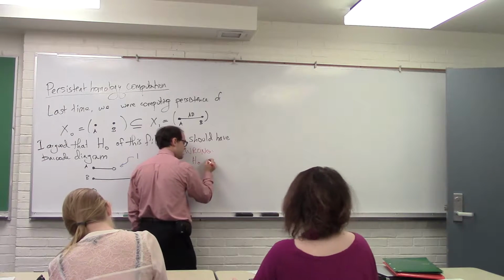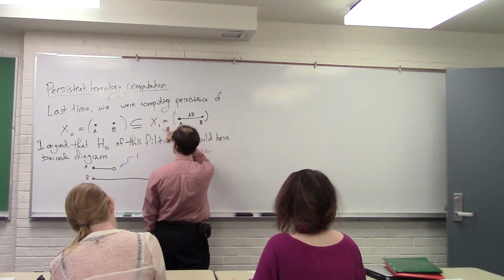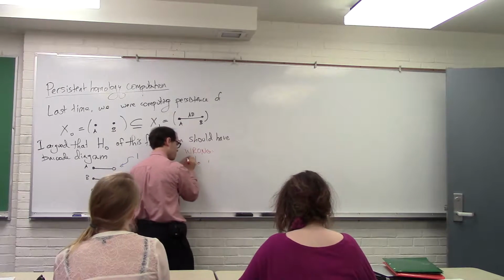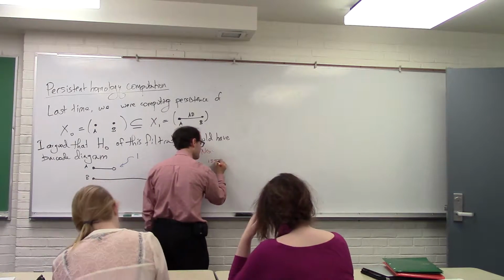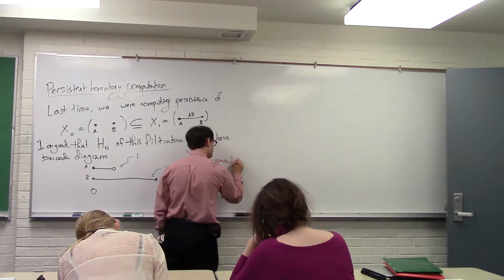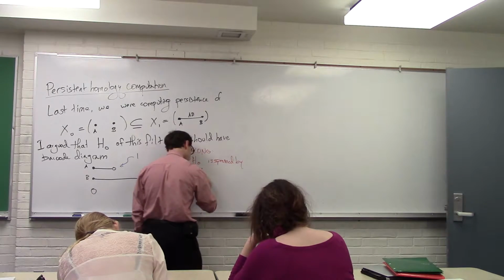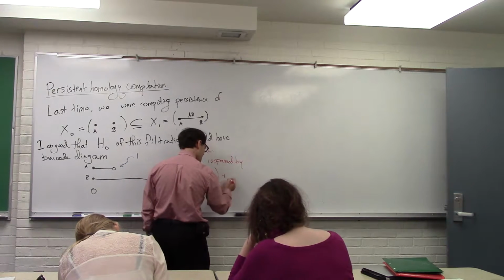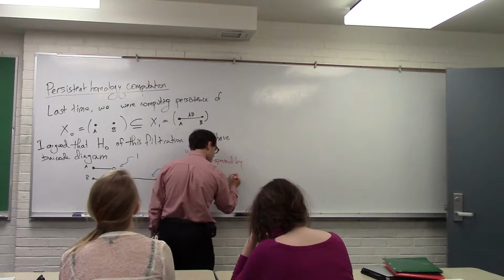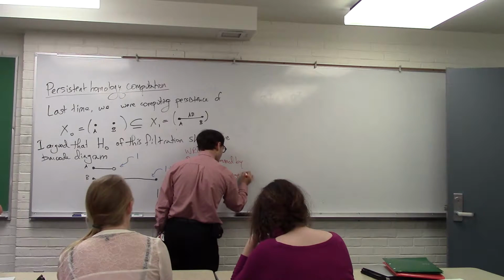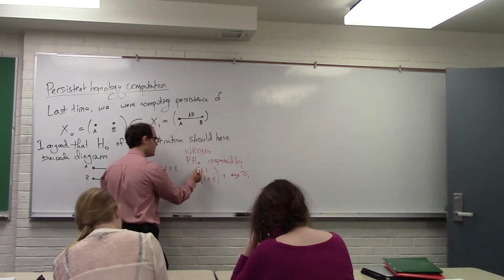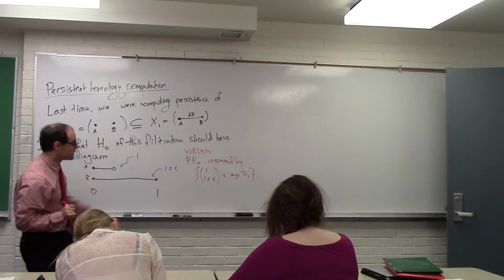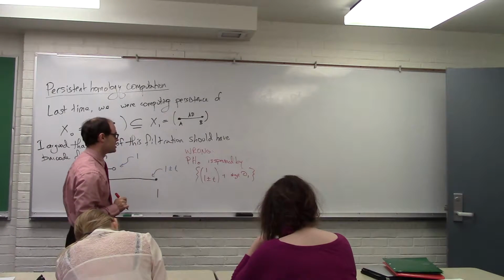I said that this persistent H0, maybe I'll put a P in front of it, is spanned by something that looks like 1 plus or minus t, plus then some kind of boundary 1. That's wrong, because really I need 2 separate generators here.